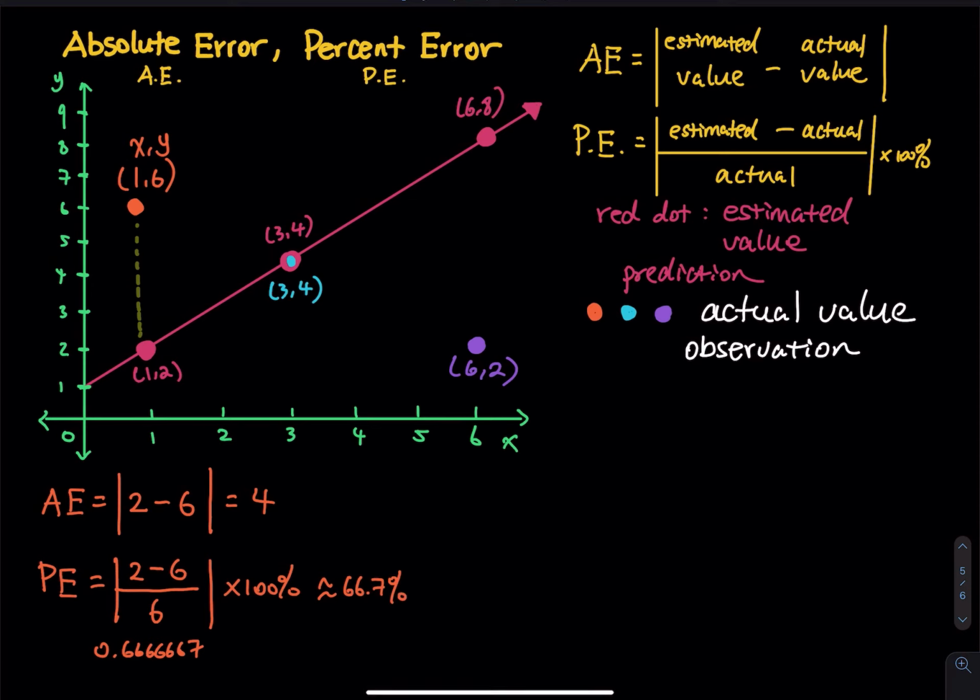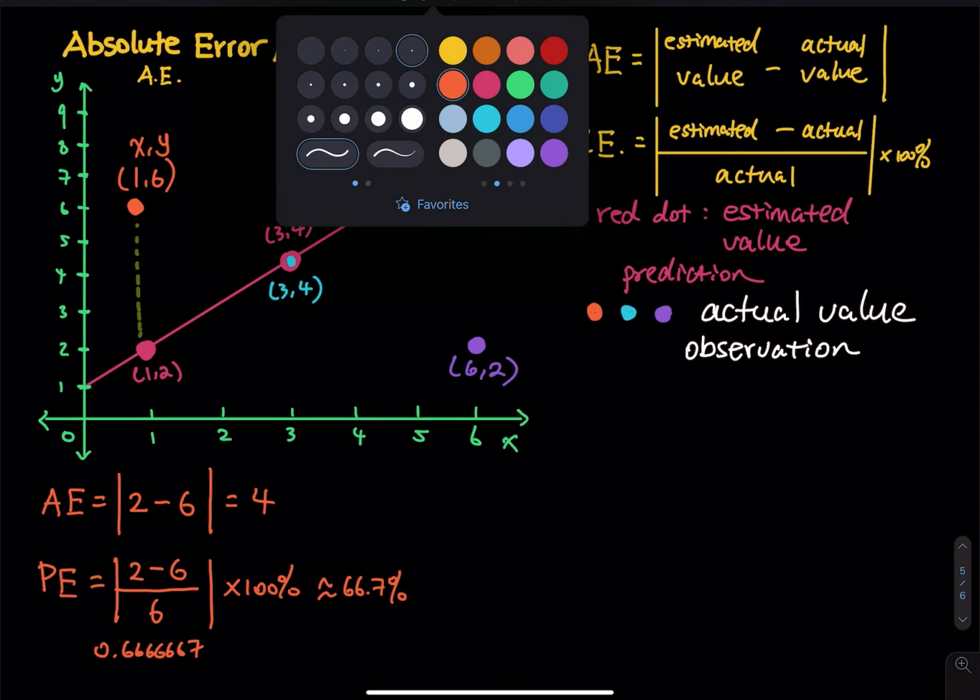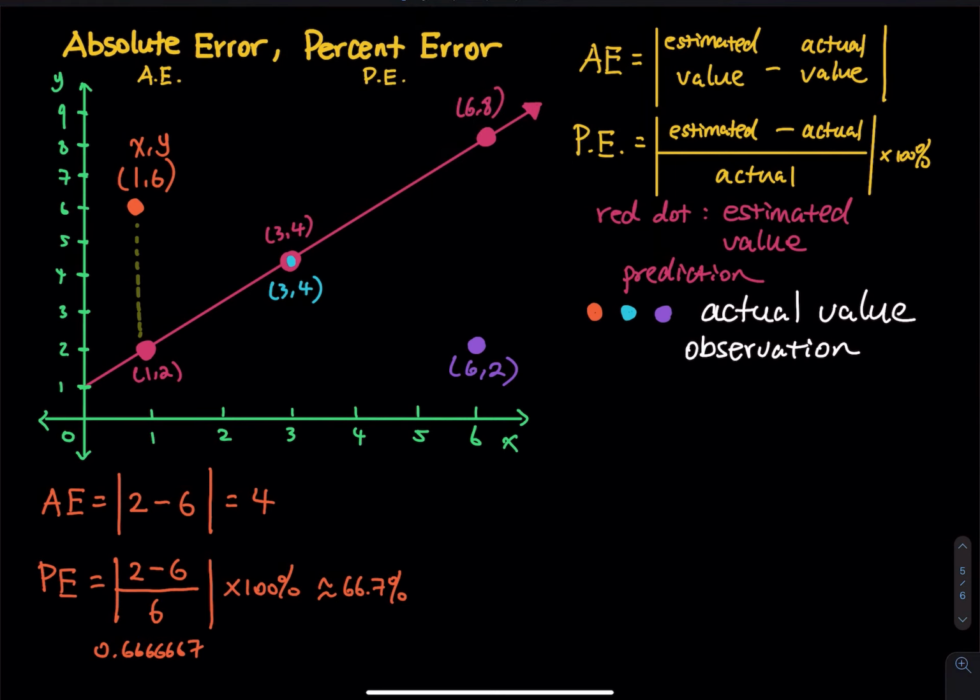And then what about the blue dot? The blue dot, the actual value and the estimated value, they are the same. So the absolute error is equal to estimated, which is 4, minus the actual, that is also 4. 4 minus 4 is equal to 0.